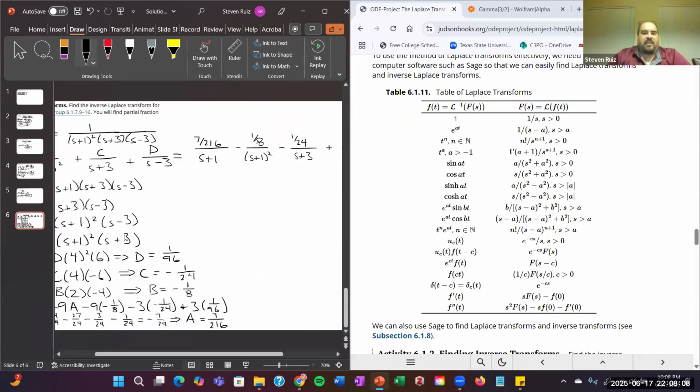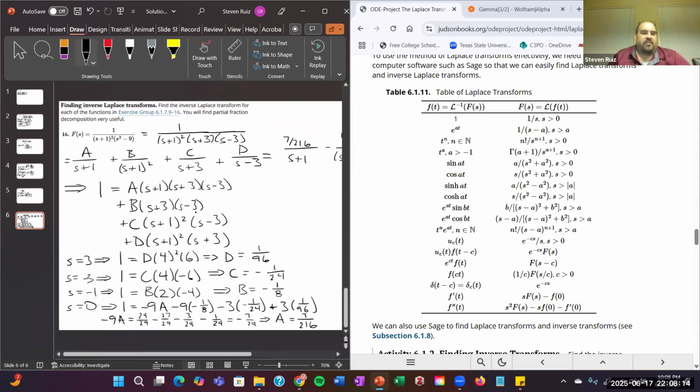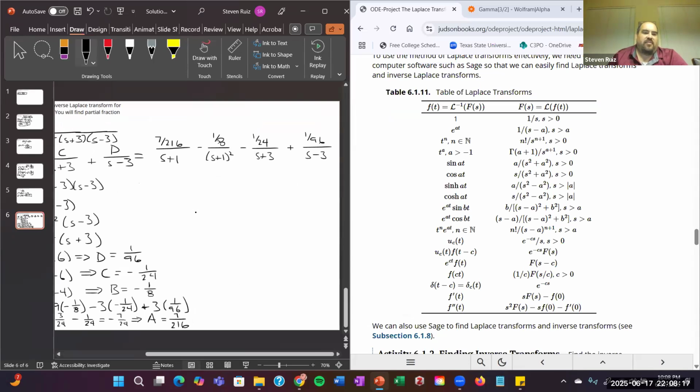Hopefully those are nice and easy to pluck out from my Laplace transform calculator. So this function is called capital F of s. So what is f of t going to look like?